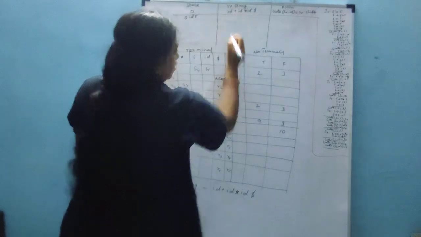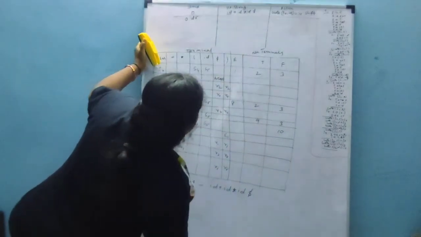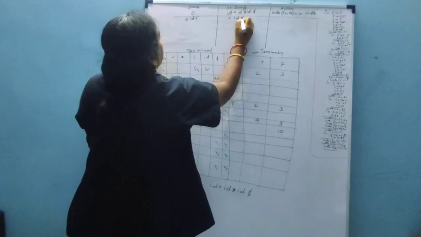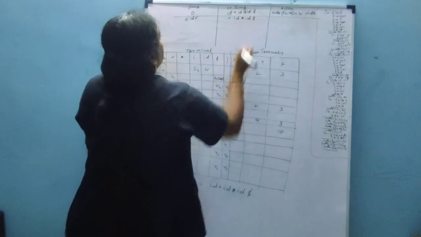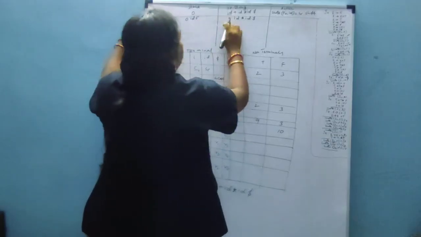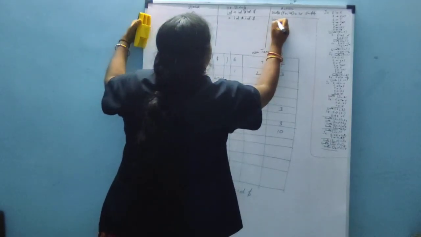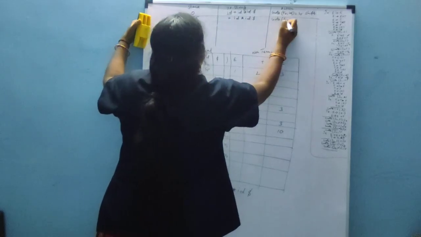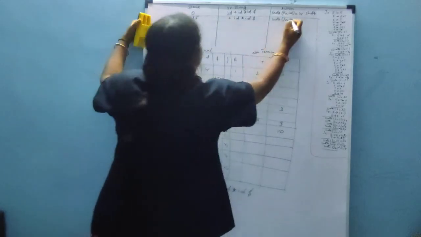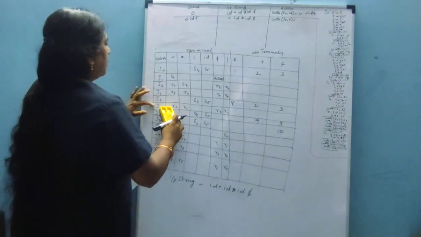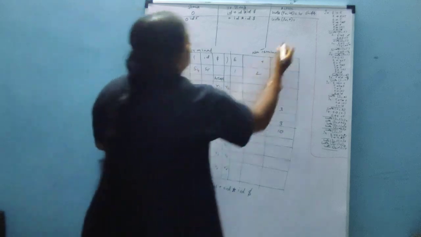Now the input is plus id star id dollar. Now we check state number 5. Go to I5 comma plus, I5 comma plus as R6.